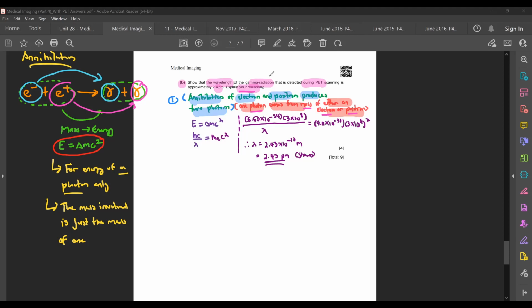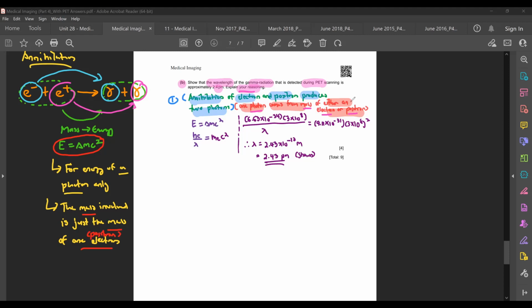Here you don't use the two masses. The previous one that we did in the first part, we used two masses, because that time we were talking about the total energy that was released. But now, since we're talking about the energy of a photon only, the mass that you really just want to consider is the mass of one electron, which also works out to be the mass of your positron.